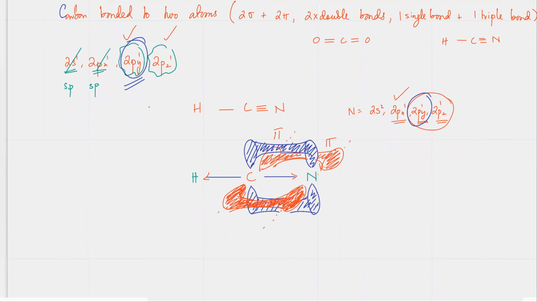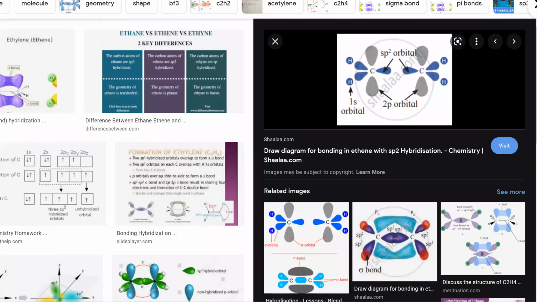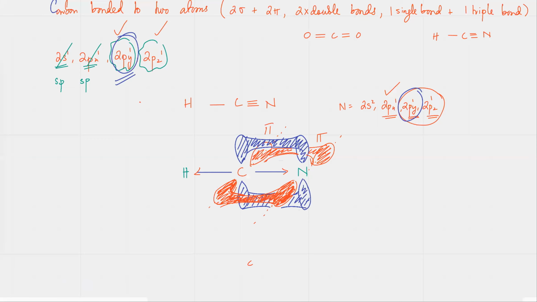Similarly, what you just need to know is this is what carbon would look like when it's sp hybridized. One electron getting stretched in one direction, the other electron getting stretched in the other direction.